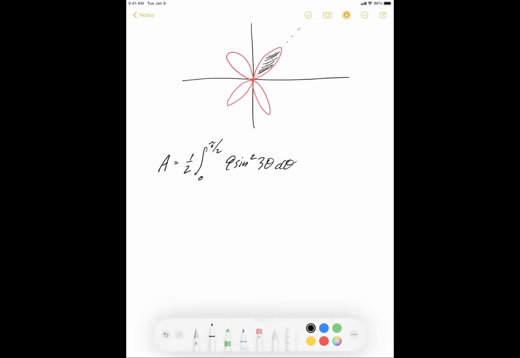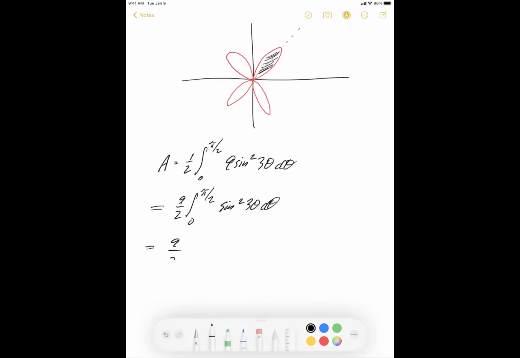Do you want to watch me integrate this? Sure. Okay, so I'm going to pull out the 9. So 9/2 integral 0 to pi over 2 sine squared 3 theta d theta.